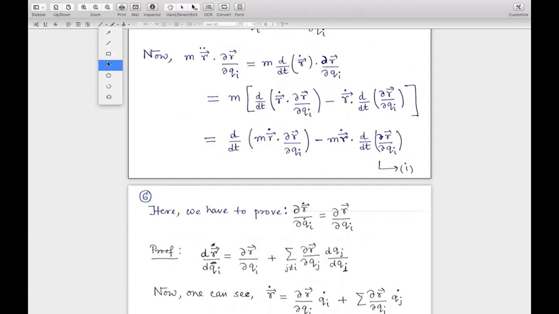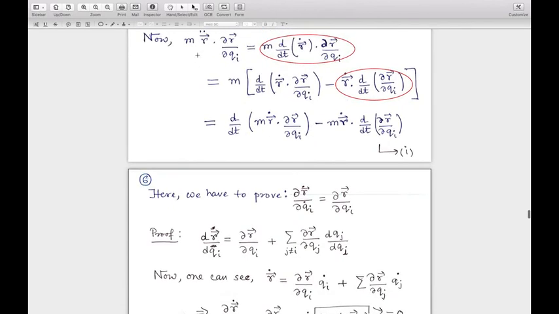That's because if you add m d/dt of r dot dot del r by del qi and r dot dot d/dt of del r by del qi, times m of course, you finally have m times d/dt of (r dot dot del r by del qi). So finally, m r double dot dot del r by del qi is d/dt of (m r dot dot del r by del qi) minus m r dot dot d/dt of (del r by del qi).